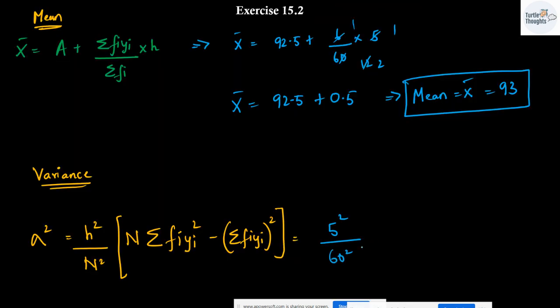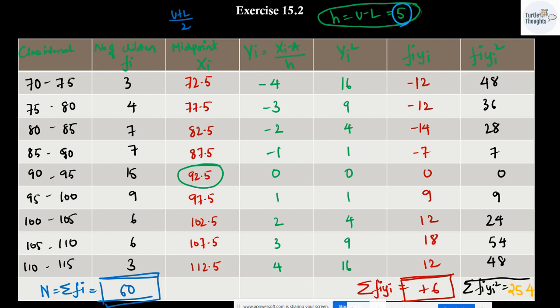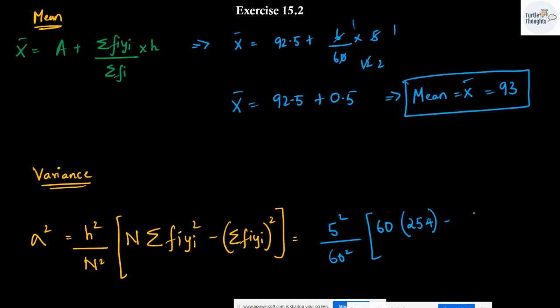So 60 square multiplied by n, which is 60 again, multiplied by summation of fi yi square, I have got as 254, minus summation of fi yi, I have got as 6. So I can write this as 6 whole square.